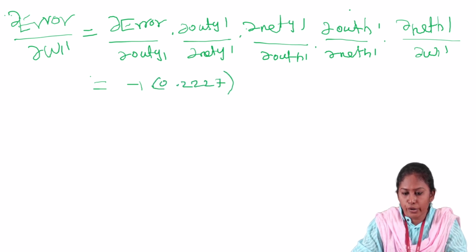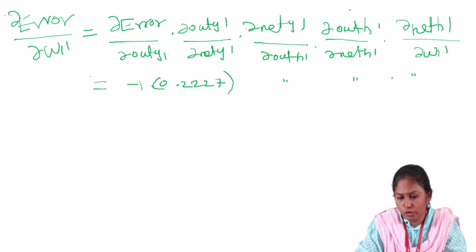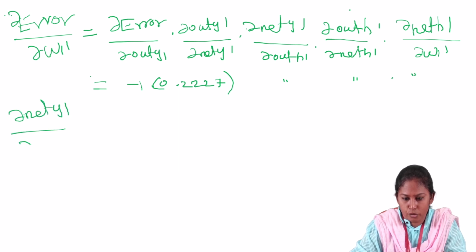So what we are going to calculate now is ∂net y1 / ∂out h1, then ∂out h1 / ∂net h1, then ∂net h1 / ∂w11. Okay, so shall we start here with ∂net y1 with respect to ∂out h1.